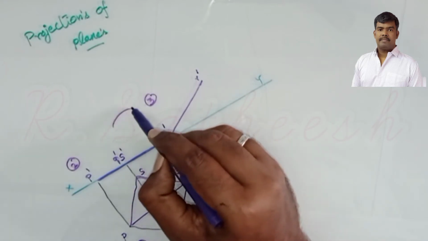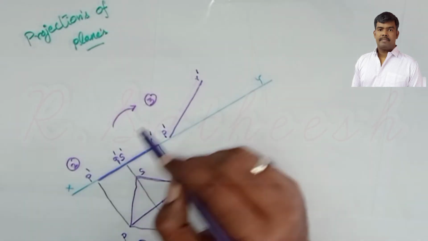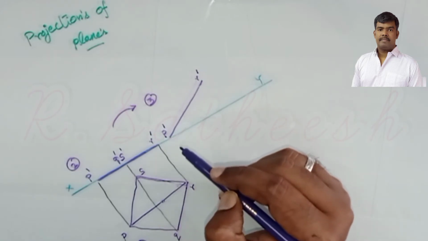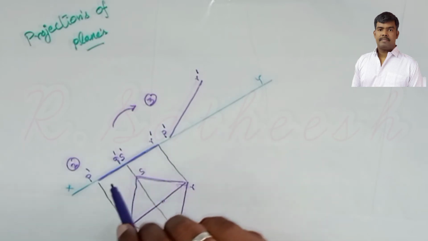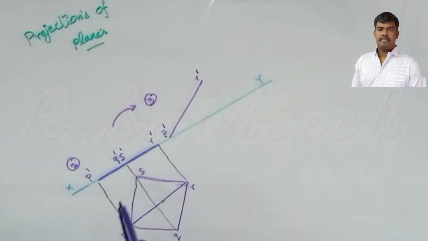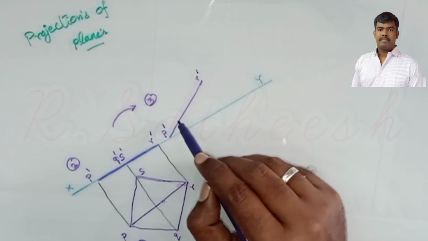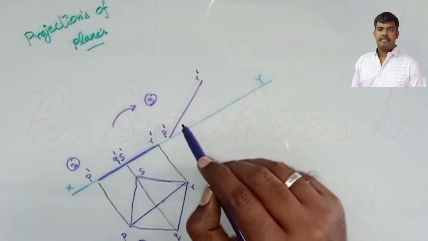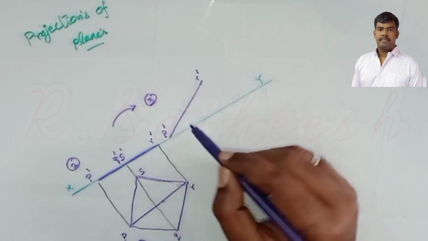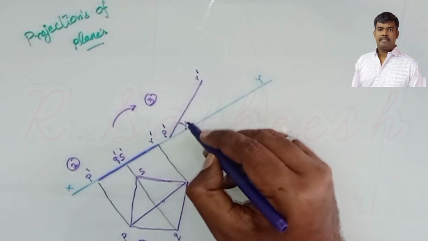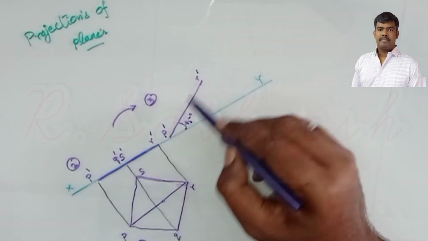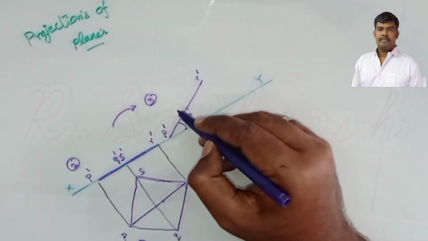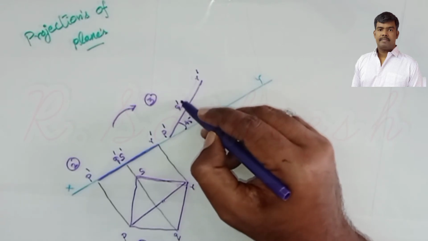The second and third diagrams have the same shape and size, with only one difference: in the second, the plane is completely resting on HP with all corners on it, that is 0 degrees, but here it is 45 degrees. As per our problem, the diagonal PR is 45 degrees, so this one is 45 degrees. That is the difference. So P to R, with Q dash S dash in the middle.